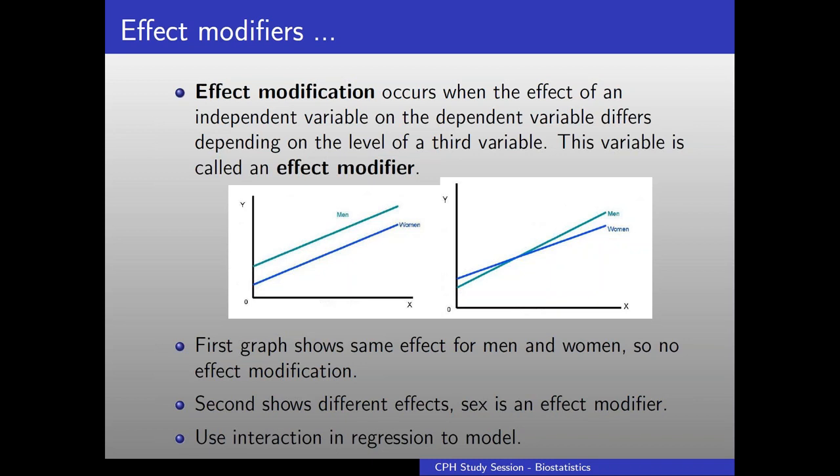We need to control for this, or model it using what's called an interaction model, or a regression model with interaction. That means you add a product term as one of the independent variables, but just keep in mind that an effect modifier can be modeled using an interaction in a regression model.